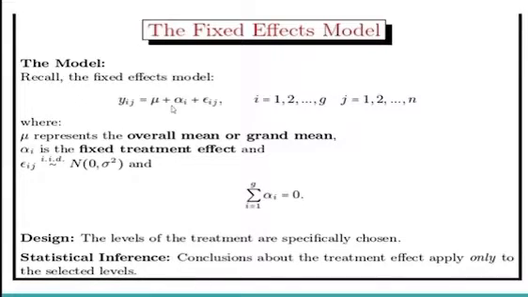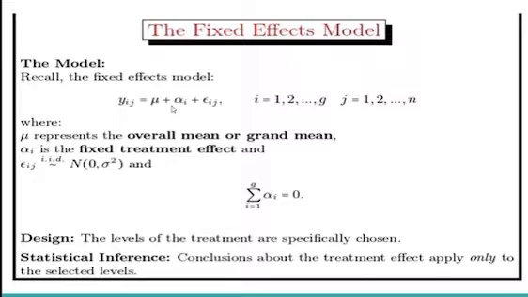And of course, we have an assumption when that factor is fixed. The assumption is that the sum of the alpha i must be equal to 0, because that's a fixed effect. And don't forget, in every specification of a model, whether you're talking about 1-way, 2-way, 3-way, whatever way, we're always going to have what we call the error component.